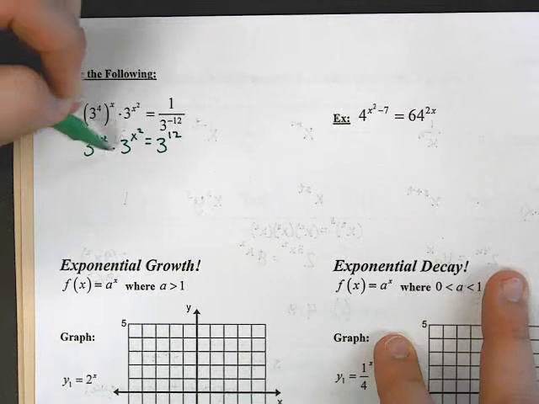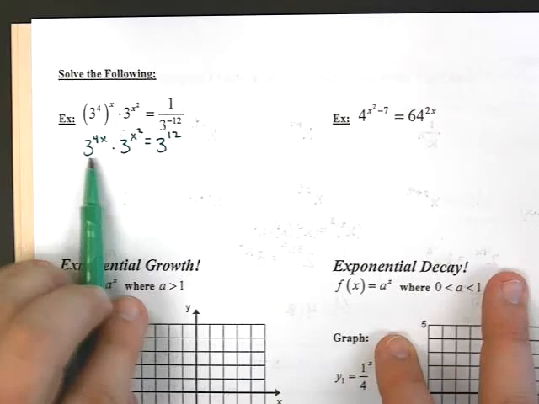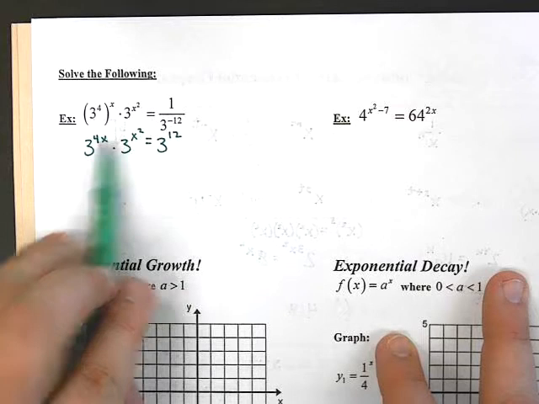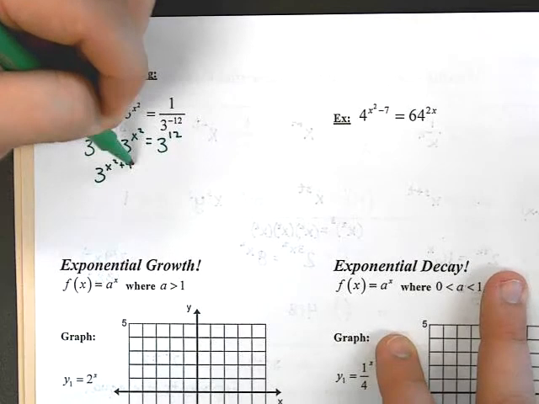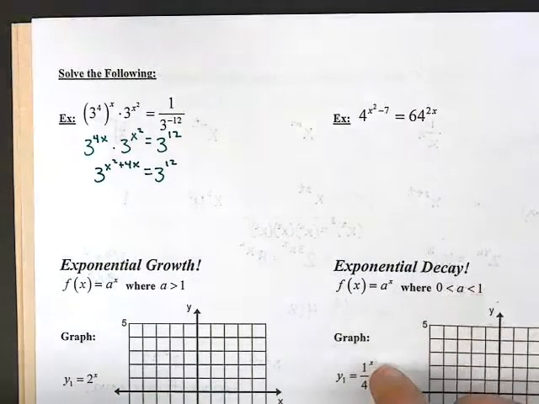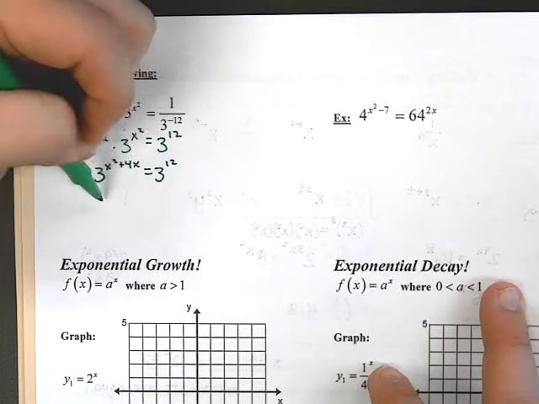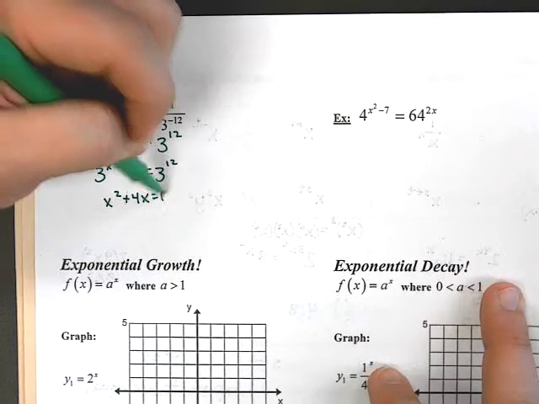Almost last, I have a product of powers here, right? I have common bases being multiplied together, so I'm going to add. All right. Now I can say that the exponents need to be equal to each other.